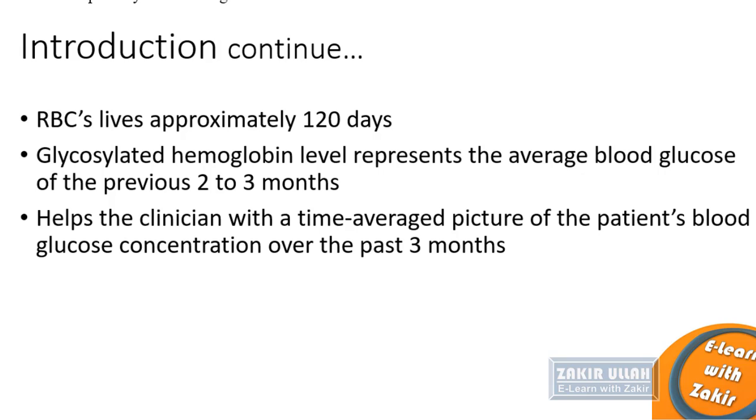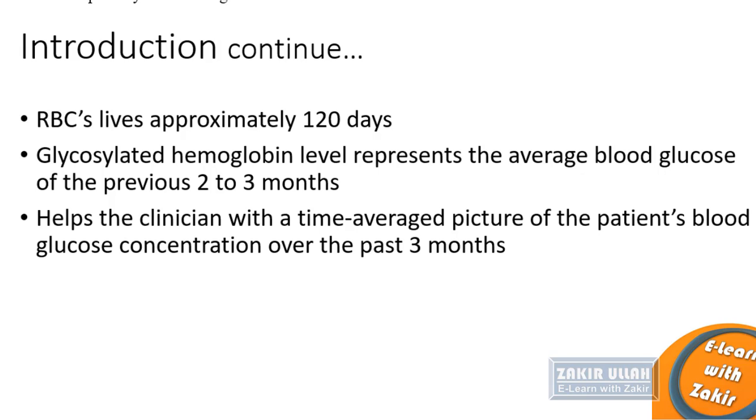With the help of glycated hemoglobin, clinicians can find out the time-averaged picture of the patient's blood glucose concentration over the past 3 months, and what the patient's control over glucose was. If the patient has consumed more glucose or glucose-containing food, the blood plasma level will increase, and the glycated hemoglobin will also increase.